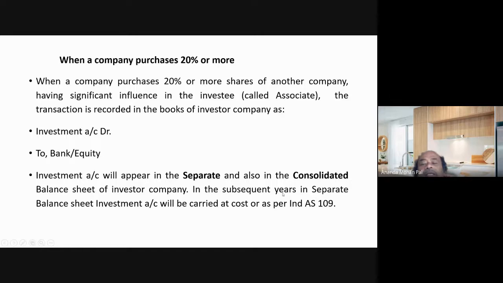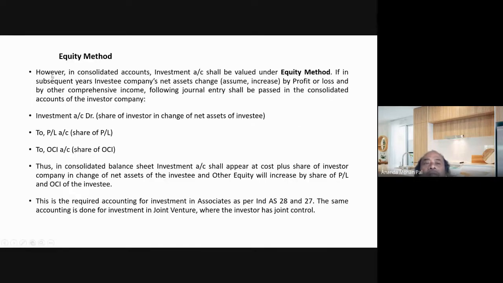In the subsequent years, in the separate balance sheet, the investment account will be carried at cost or as per Ind AS 109. But in the consolidated balance sheet, it would be measured under the equity method.